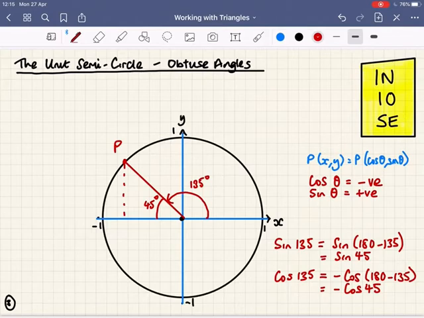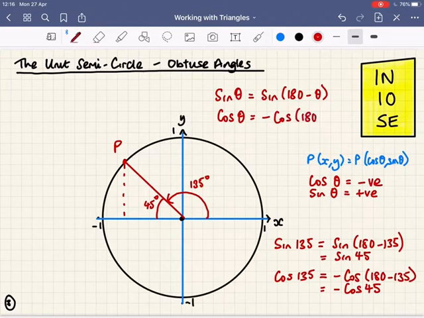In general, we can generalize the result then that for angles between 90 degrees and 180 degrees, sine theta will be the same as sine 180 minus theta. And cosine theta will be the same as minus the cosine of 180 minus theta.